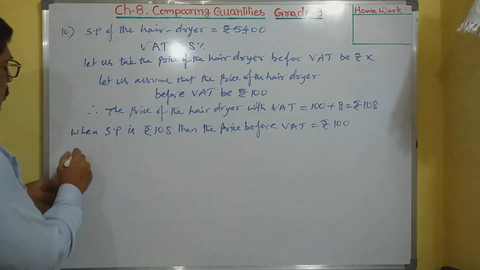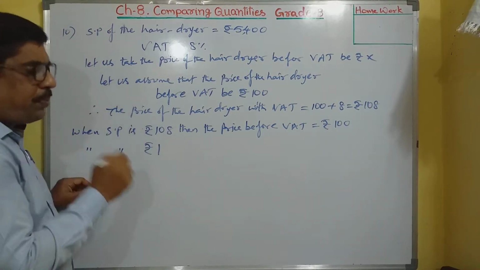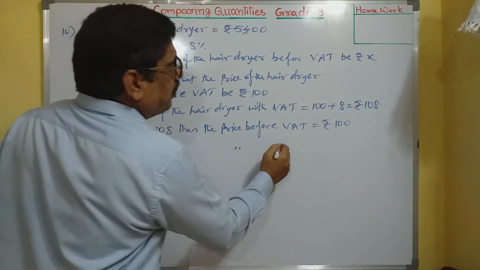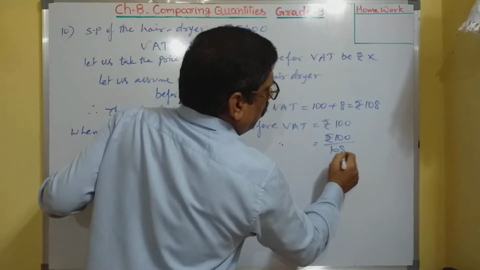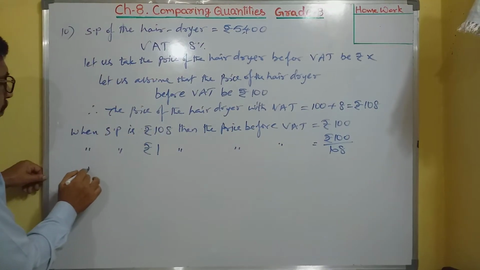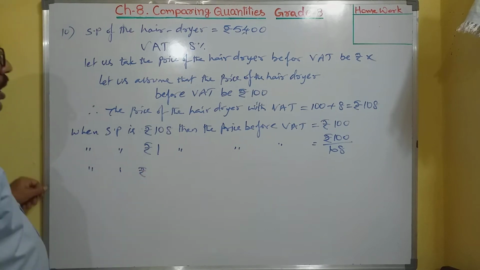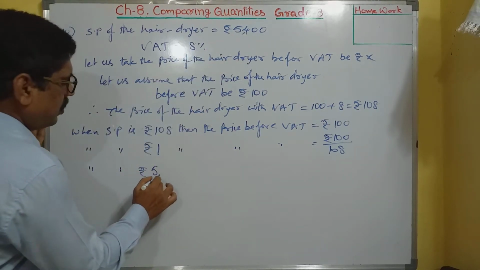Now when SP is 1 rupee, then the price before VAT is equal to rupees 100 by 108. Did you understand? Now in the place of 1 rupee, let us take that the SP is 5400.